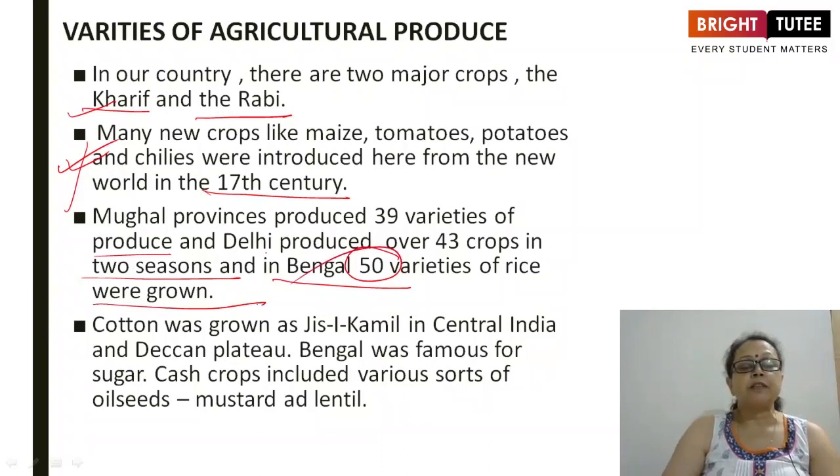This way, India was rich in cultivation. Cotton was grown as jins-e-kamil in central India and the Deccan Plateau, where the black soil is. Bengal was famous for sugar. Cash crops included various sorts of oilseeds, mustard, and lentil.